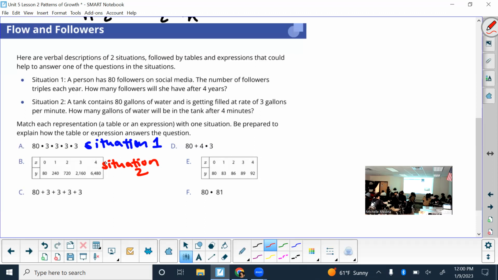Because it's 3 gallons per minute and 80 times 3. Thank you. But couldn't that also be true for situation 1, where it's 80 times 3 is 240? I'm thinking it's 1. Oh, let's see.